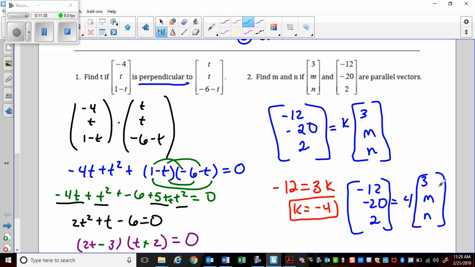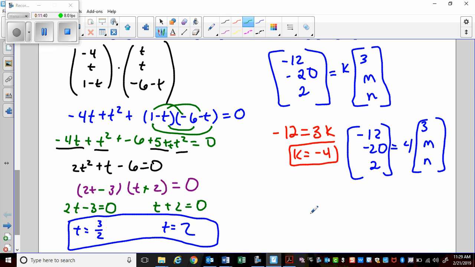I know the top one I don't have to solve for. Let's do this. Negative 20 equals 4 times m. So if I divide by 4, I'm sorry, this is negative 4. Sorry. If I divide by negative 4, m equals 5.